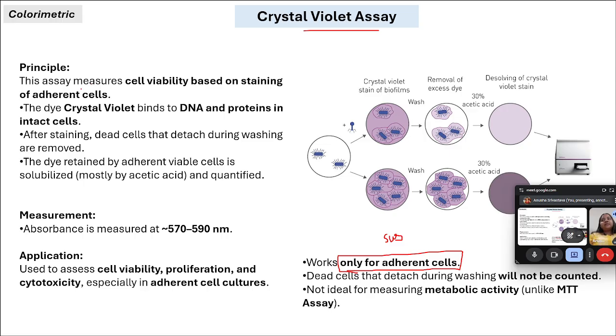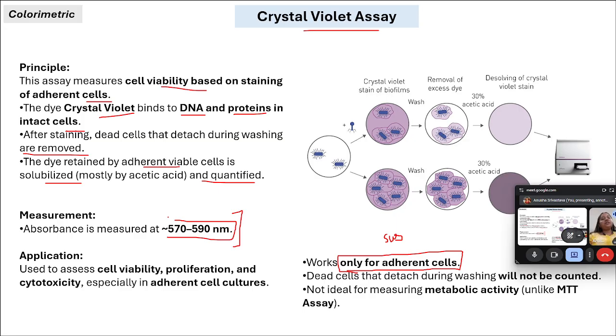So the principle is, this assay measures cell viability based on staining of adherent cells. The dye crystal violet binds to DNA and proteins in intact cells. After staining, dead cells that detach during washing are removed. The dye retained by adherent viable cells is solubilized and quantified, and absorbance is measured at 570 to 590 nanometers. One limitation of the crystal violet assay is that it works only for adherent cells.